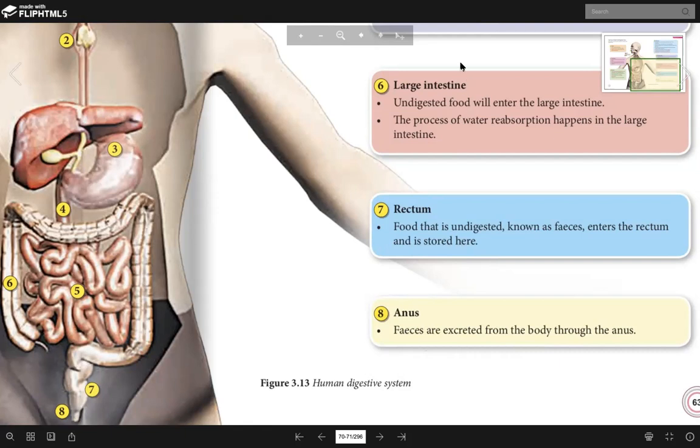Okay guys, so let's go to the next one. Okay guys, so let's continue. Now we have studied every single thing that happened in the digestive system, from mouth until anus.